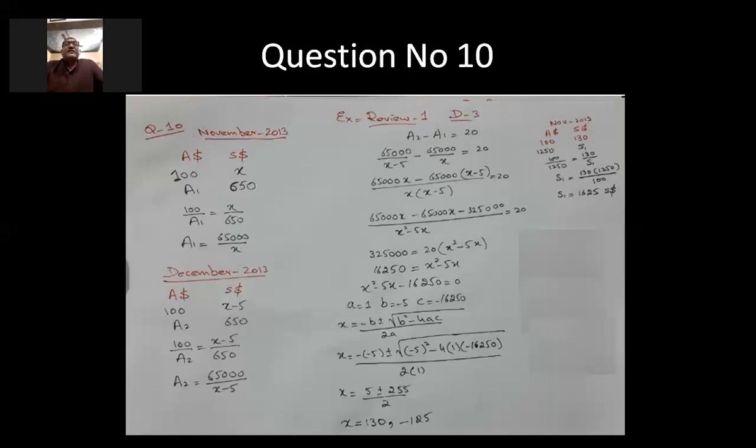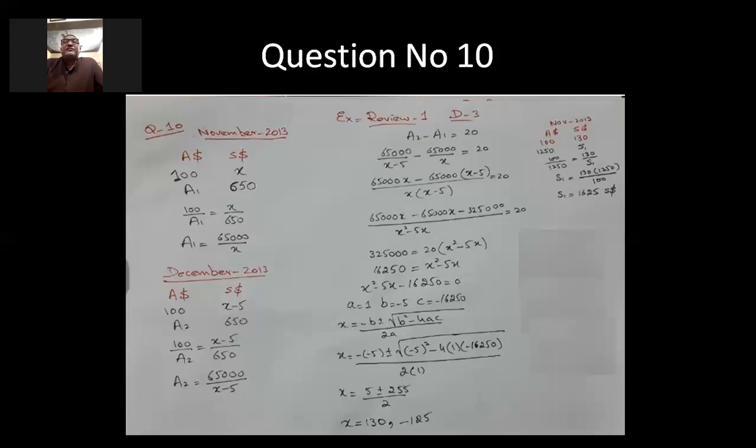So I will convert that proportion thing into the fraction. So you will have 100 divided by A2 equals to X minus 5 divided by 650. So I will cross multiply here. So A2 will be equals to 65000 divided by X minus 5. So this will be in the second position, the Australian dollars which he will get.